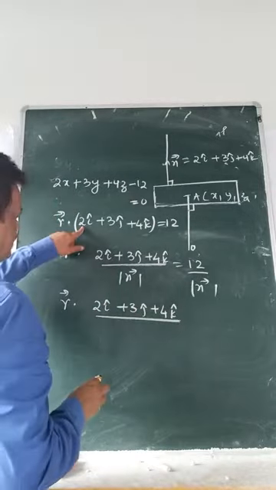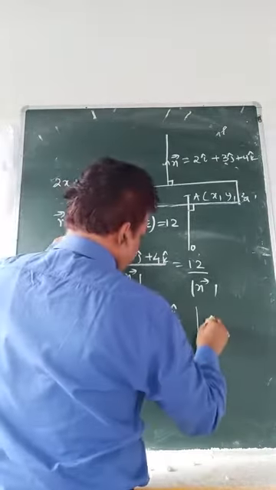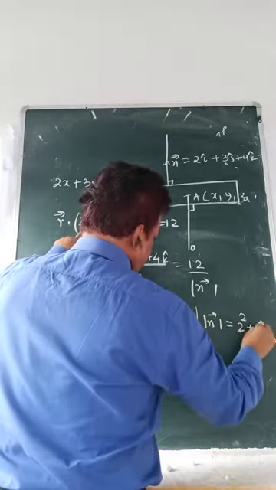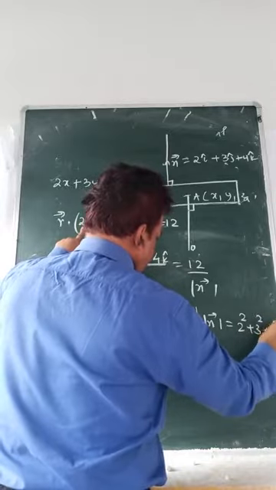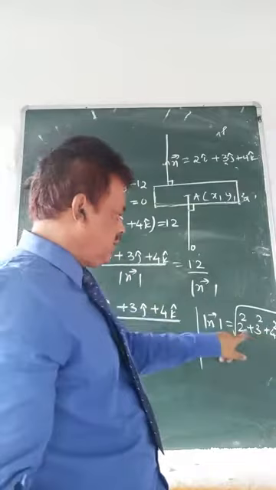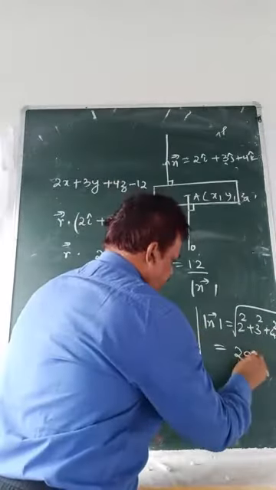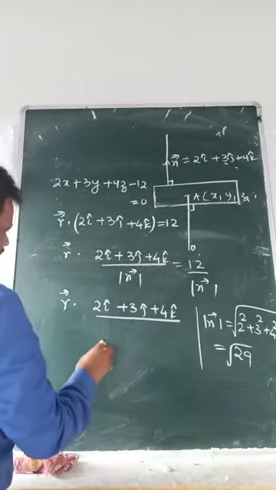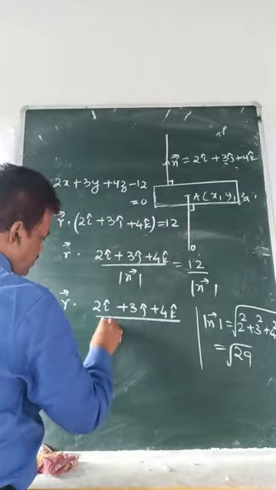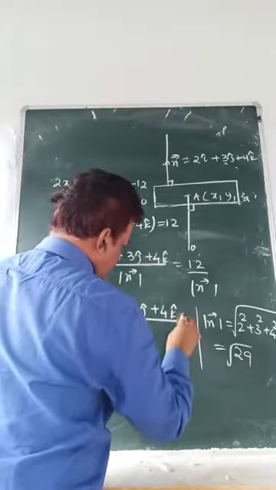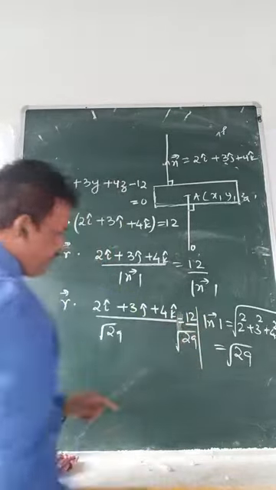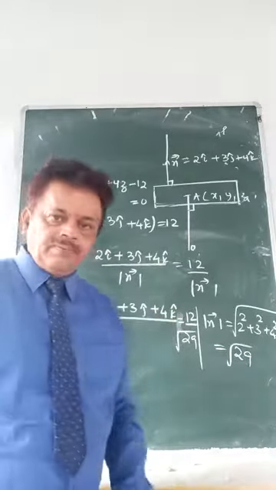Modulus of n equals the square root of 2 squared plus 3 squared plus 4 squared, which is 4 plus 9 plus 16, 29. So root 29, equals 12 by root 29.